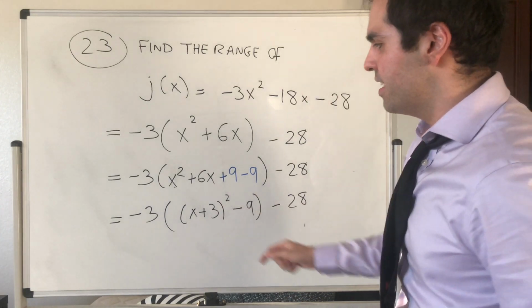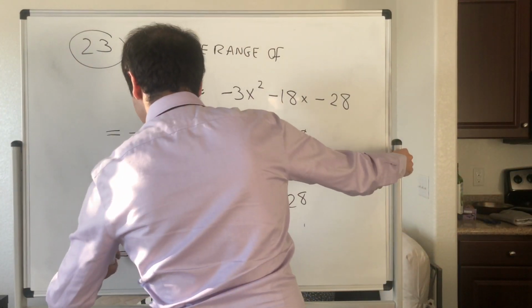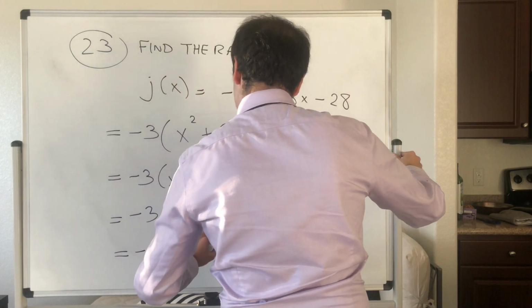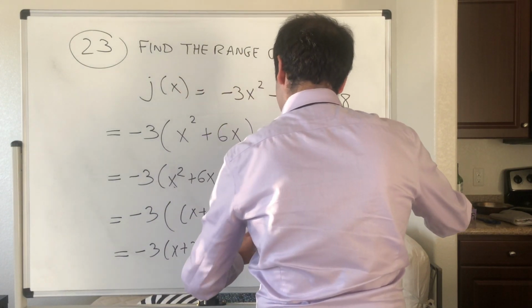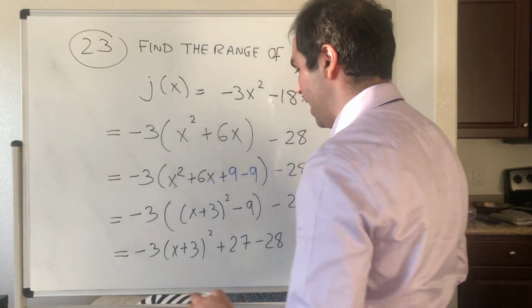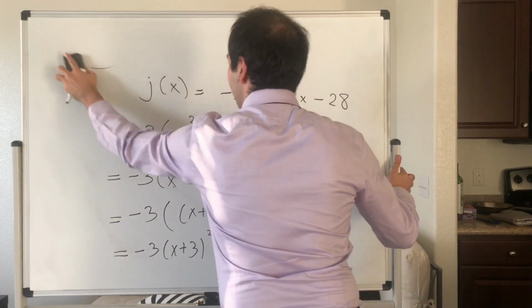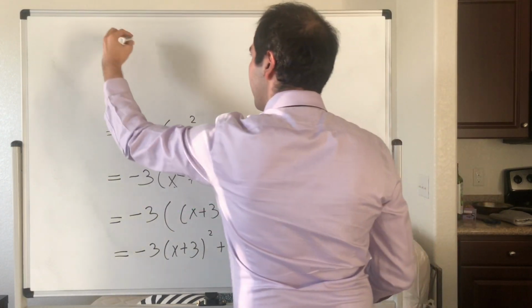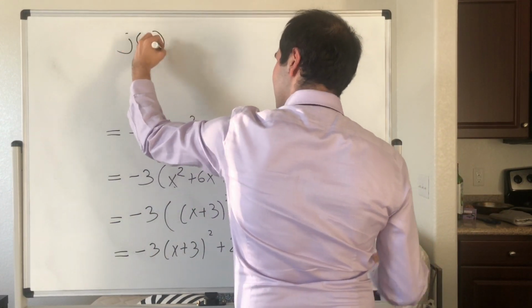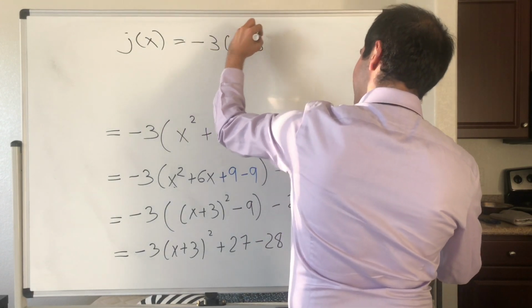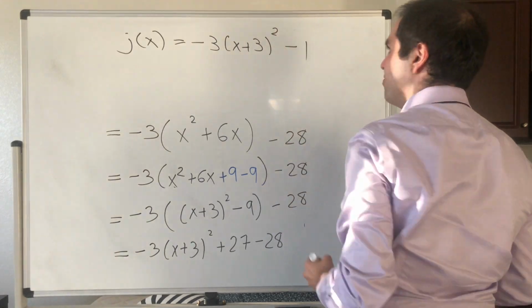And now the nice thing is you can expand this out. So you get minus 3 times x plus 3 squared, and then plus 27, and then minus 28, which tells you in the end our function is as follows. J of x is minus 3 times x plus 3 squared minus 1.